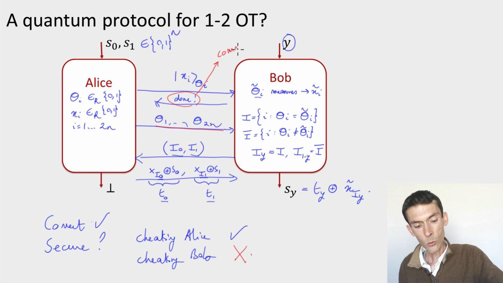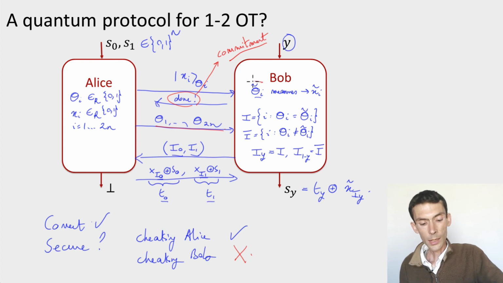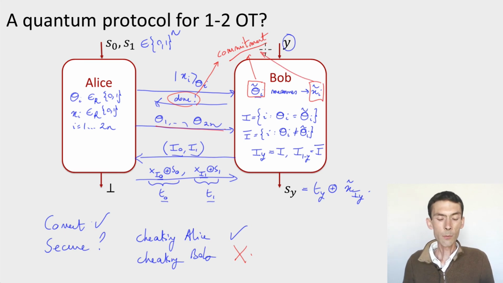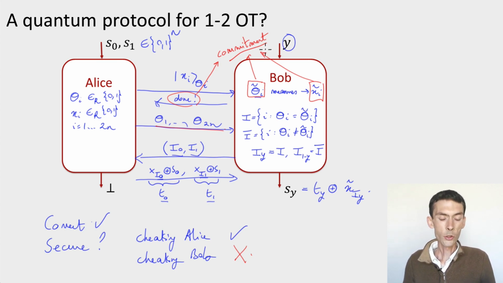Bob will have to send to Alice some kind of a tag that commits him to having made measurement in certain bases and obtained certain outcomes x tilde. This commitment should be such that by itself it doesn't reveal any information about the choices that Bob made, because otherwise this would let Alice cheat later on, but it should be such that Alice can still check it.